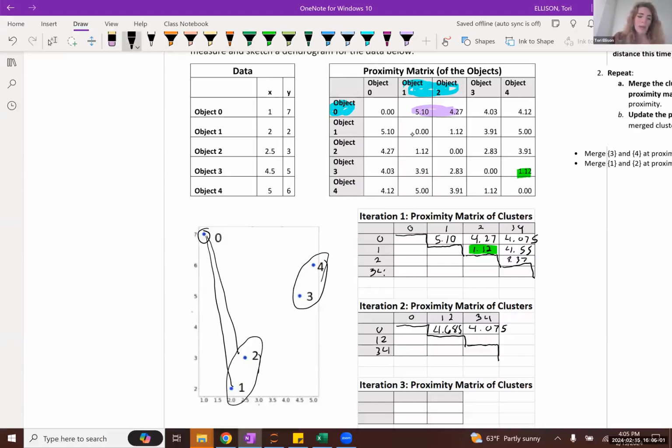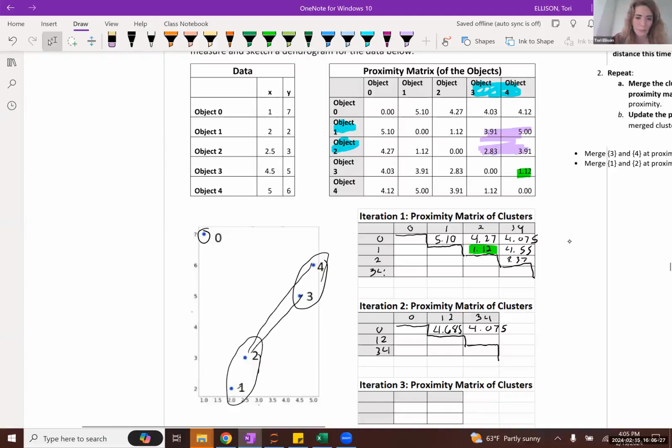Okay. And we would also calculate the distance between cluster 1, 2 and cluster 3, 4. And so that would be the average distance between all pairs of points in these two clusters here, or the average distance of these values.